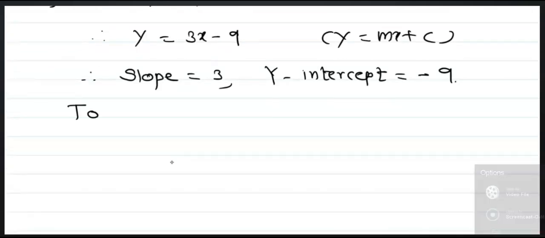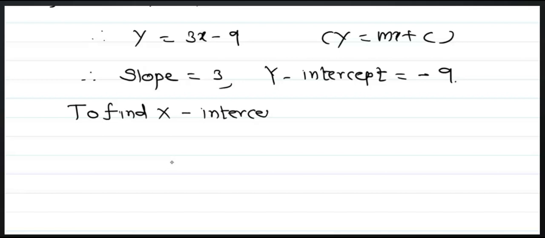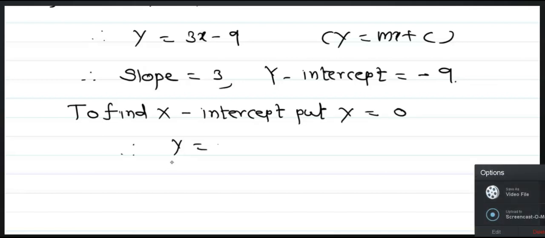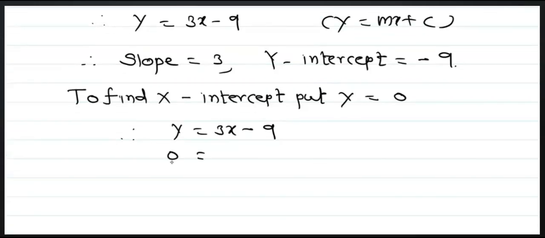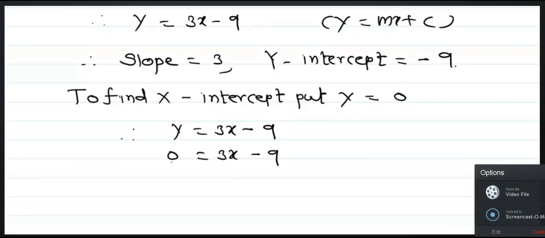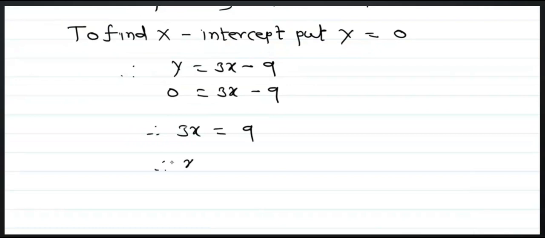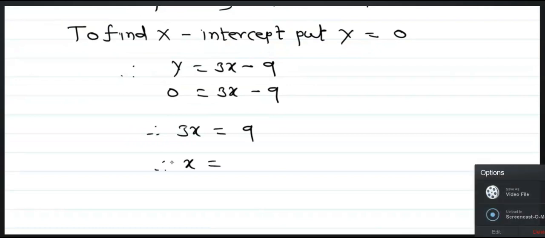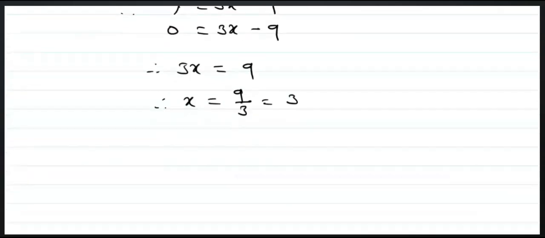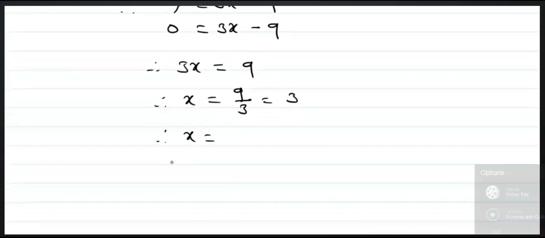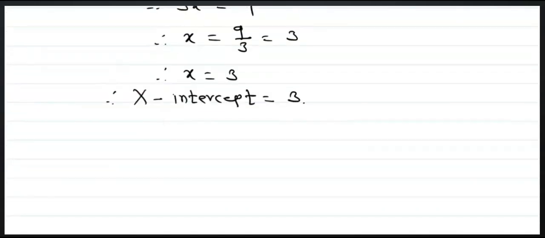And to find the x-intercept, put y is equal to 0. Therefore, you will get x is equal to 9 upon 3, and that is equal to 3. The x-intercept is 3.